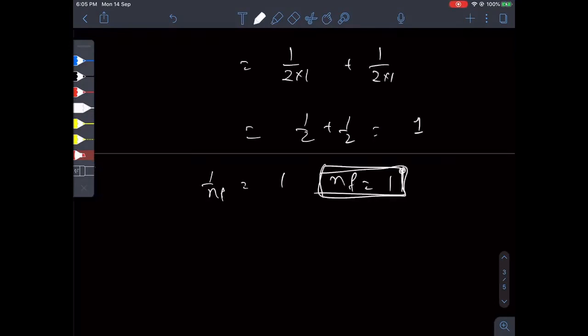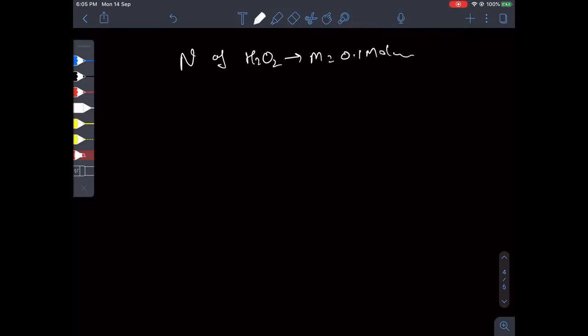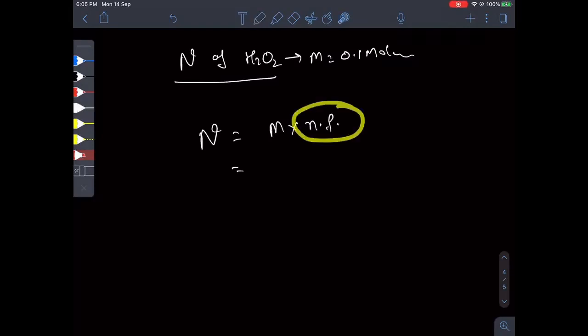Now there is a very popular question about what will be the normality of H2O2 whose molarity is found to be, say for example, 0.1 molar. Normality of H2O2. So normality is defined as molarity into N factor, the valency factor. Now what should I keep as this valency factor? Should I keep it 1 or should I keep it 2?